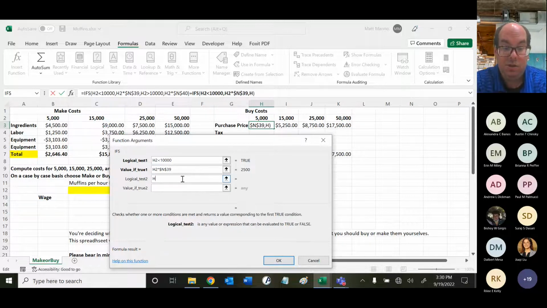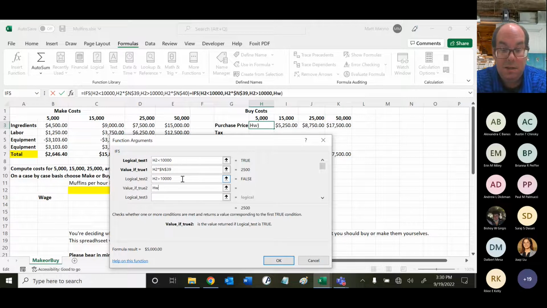And then H2 greater than 10,000. And if true, H2 times N40 absolute. Okay, thank you. And you get the same exact answer.